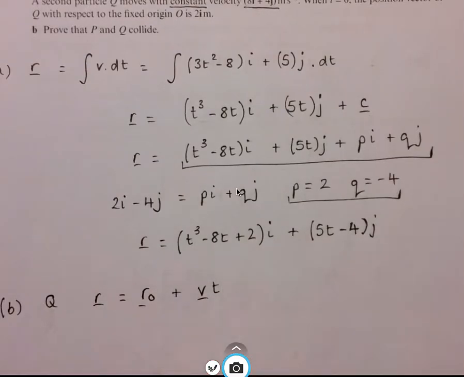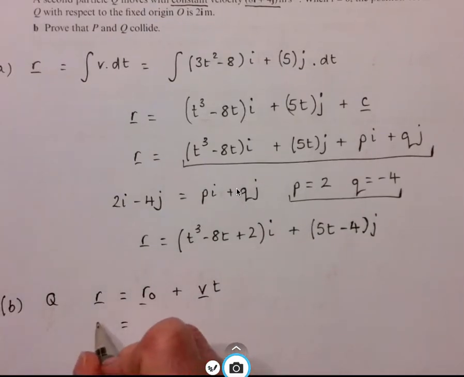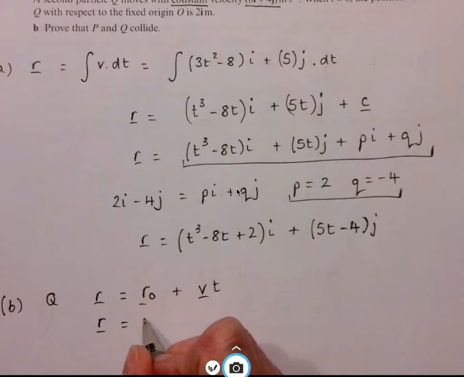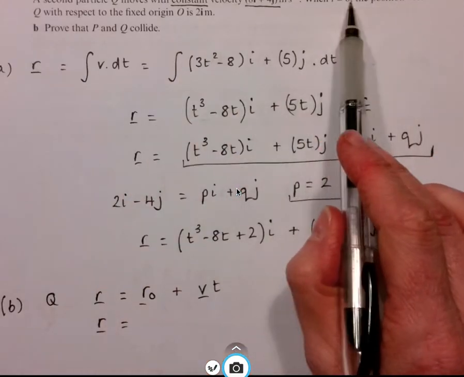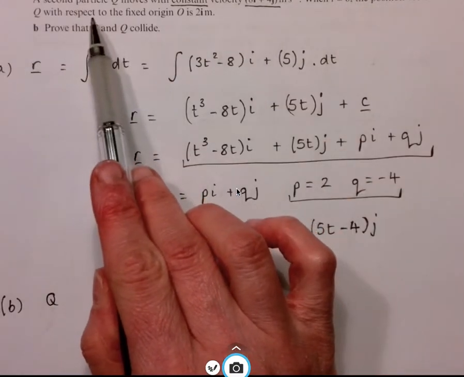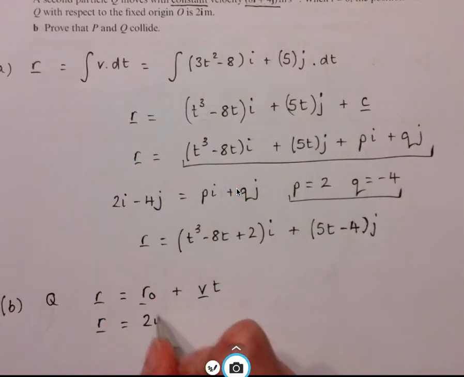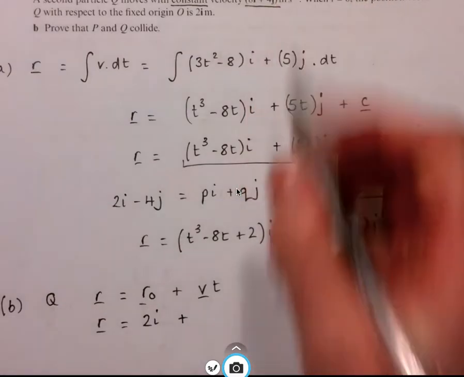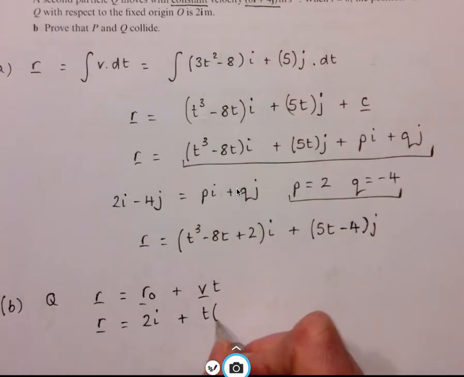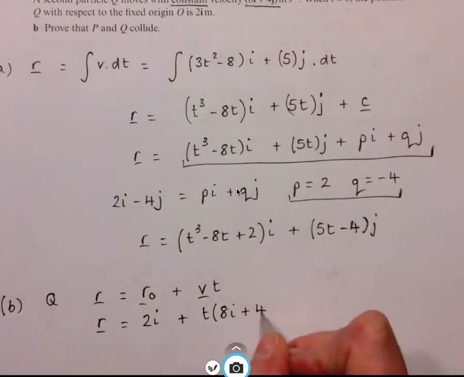I think it's the first page of this booklet if you flick back to it. So in this case, R is going to be equal to, if you look at the question, it says when t equals 0, the position vector with respect to the fixed origin is 2i. So we've got 2i plus t times 8i plus 4j.